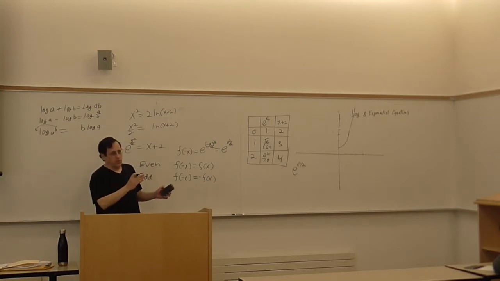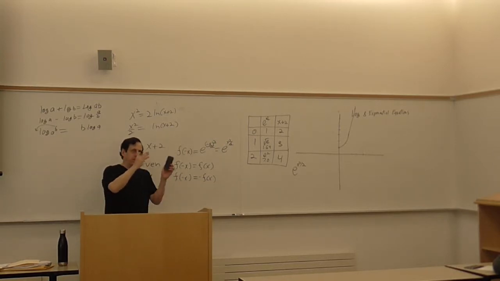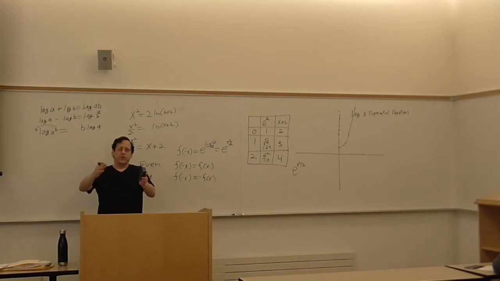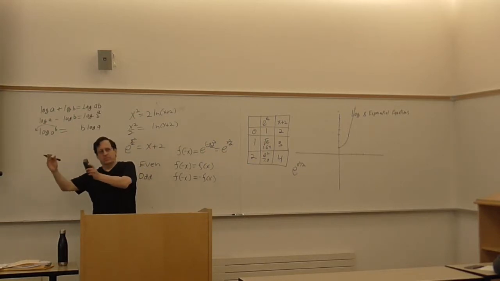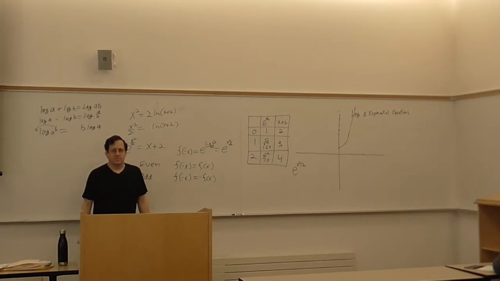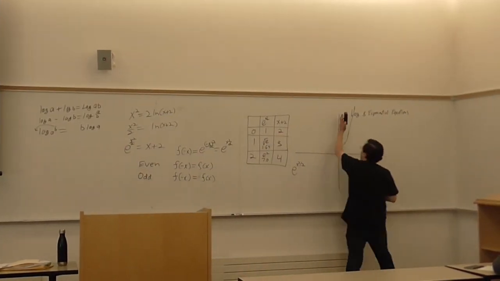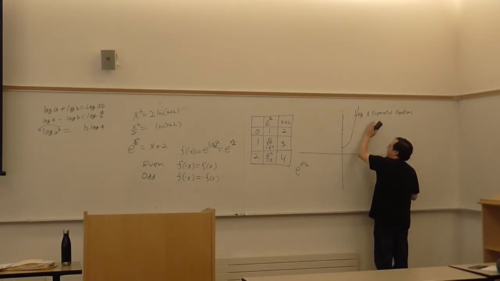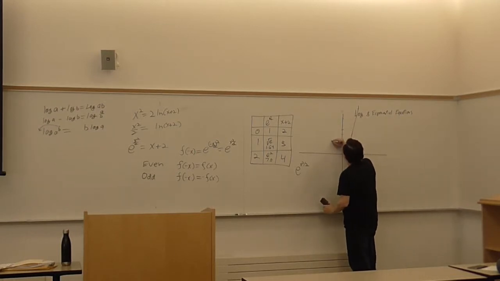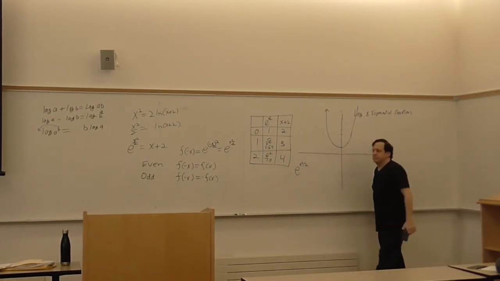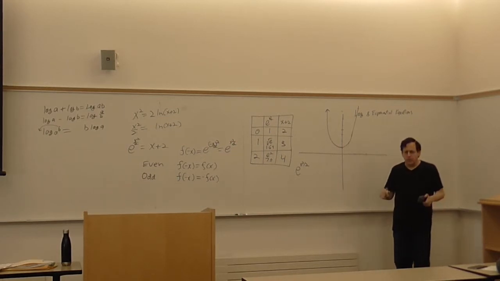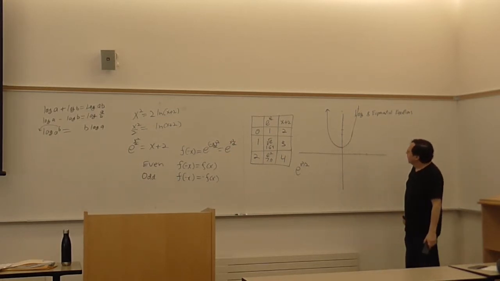Okay, I'll put in some words. They are symmetric about the y-axis, yes. Like this is a mirror, whatever is over here is going to be over here. Okay, good. You need to know this.